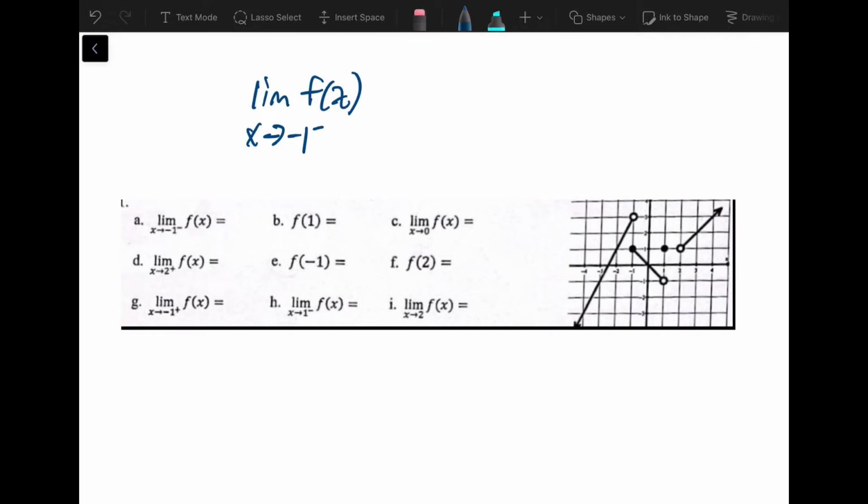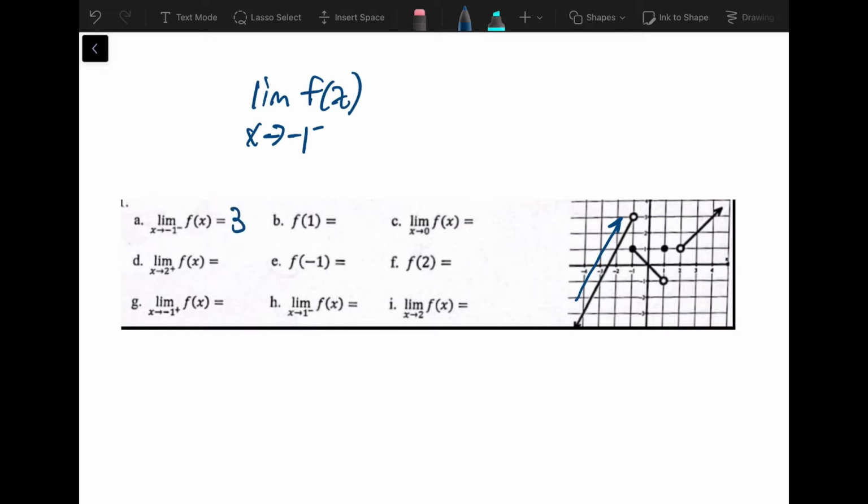If you look at question A, that means that instead of the limit coming from both directions, from the left and the right, it will only be coming from the left because it's negative. So if we look at x equal to -1, and we come from the left, coming up here, we see that the limit is 3. So that's our answer for that.